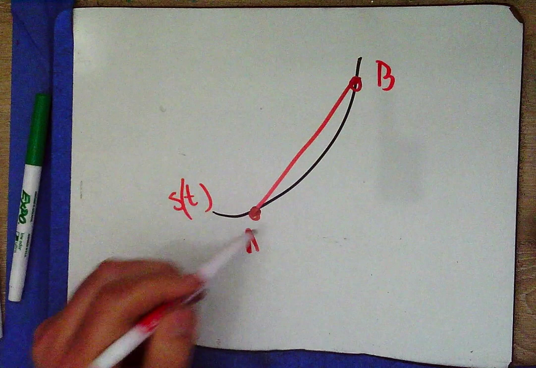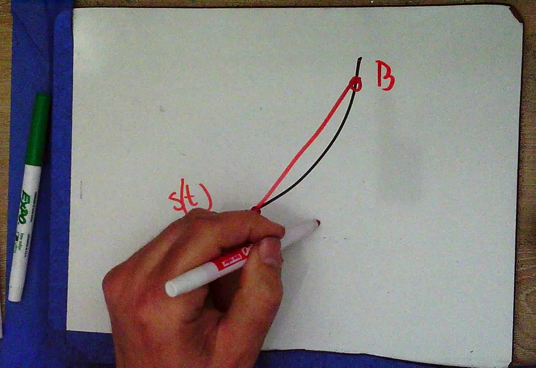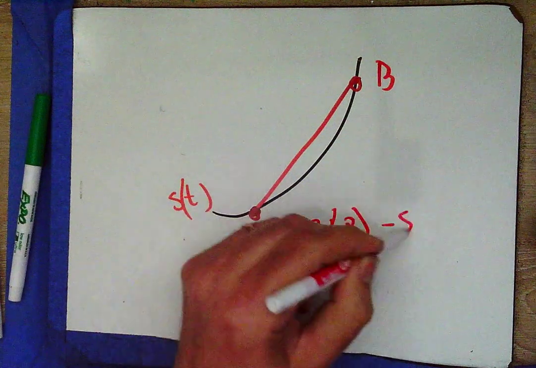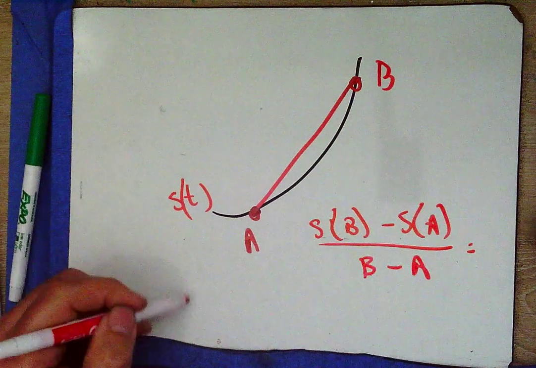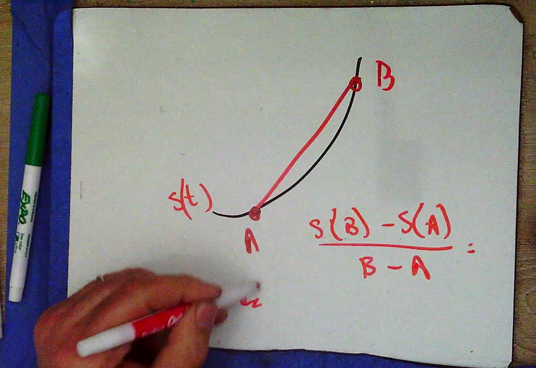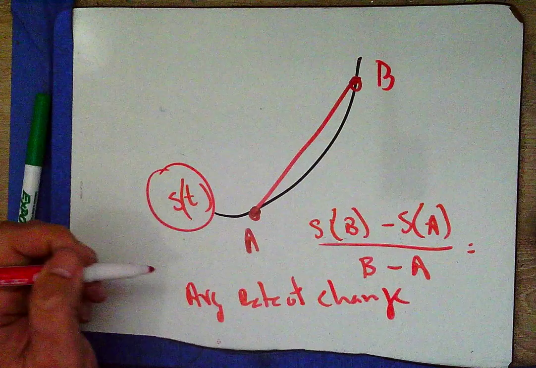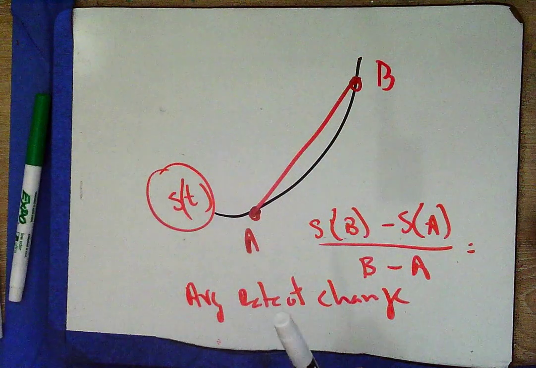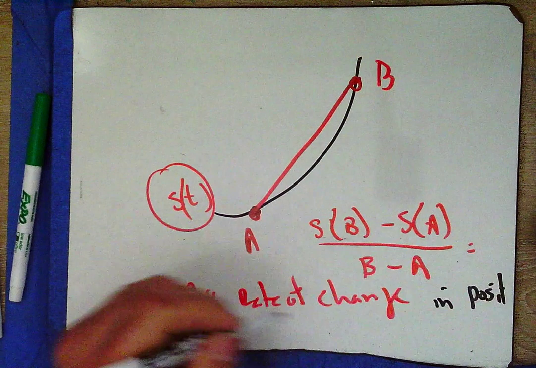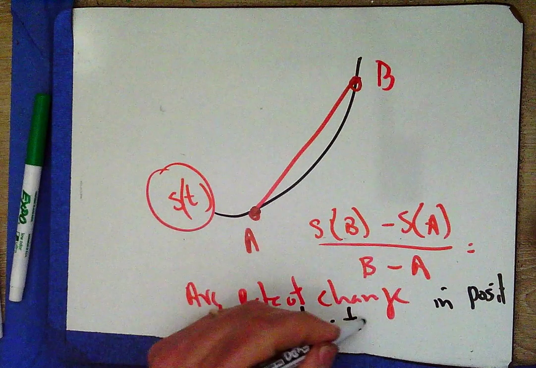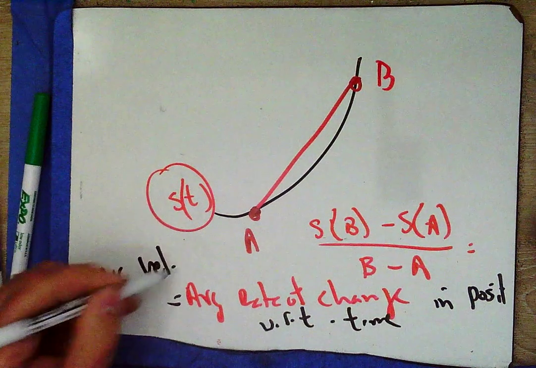And so if I want to know the average rate of change or the average velocity on A to B, I do S of B minus S of A over B minus A. That finds my average rate of change. In this situation, because I'm talking about position, it could also be the average rate of change in position with respect to time, and we know that's the definition of average velocity.